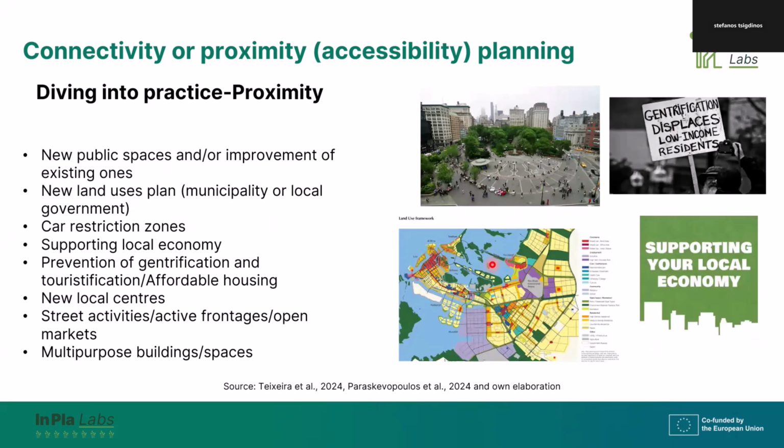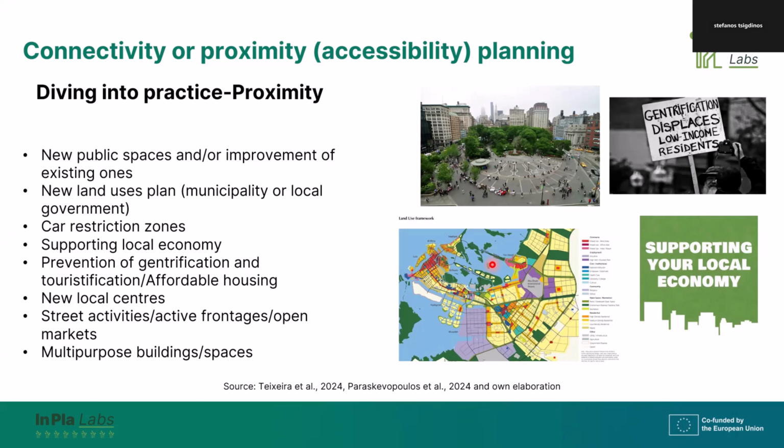Here we have the proximity measures: new public spaces, new land uses plan, and support of local economy, which is very important when we deal with proximity, because proximity is about new land uses, and new land uses need some incentives to emerge and to prosper.